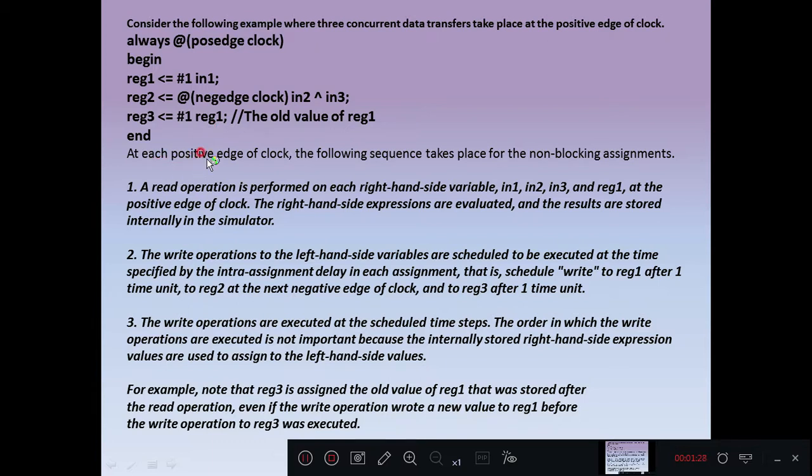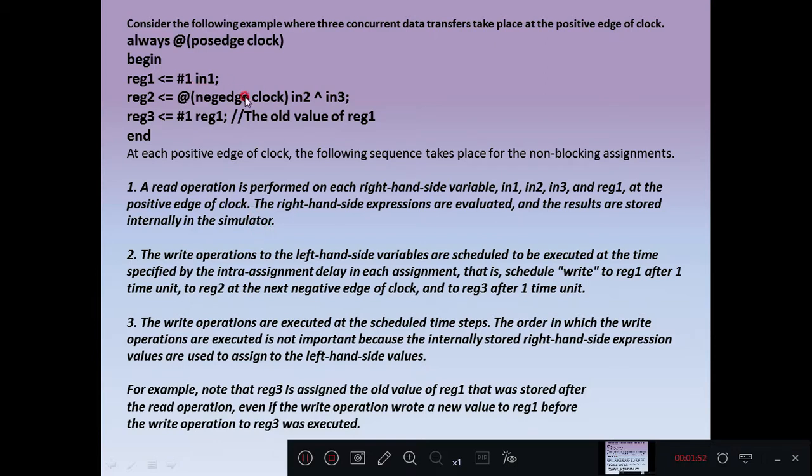At each positive edge of the clock, the following sequence takes place for the non-blocking assignments. A read operation is performed on each right hand side variable, IN1, IN2, IN3 and register 1, at the positive edge of the clock. The right hand side expressions are evaluated and the results are stored internally in the simulator.